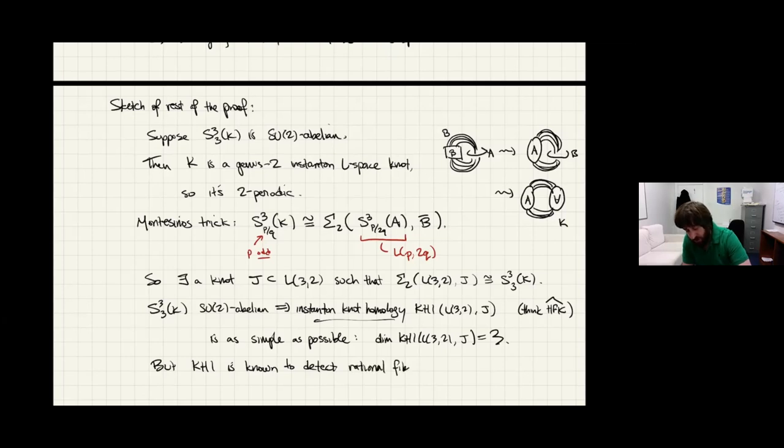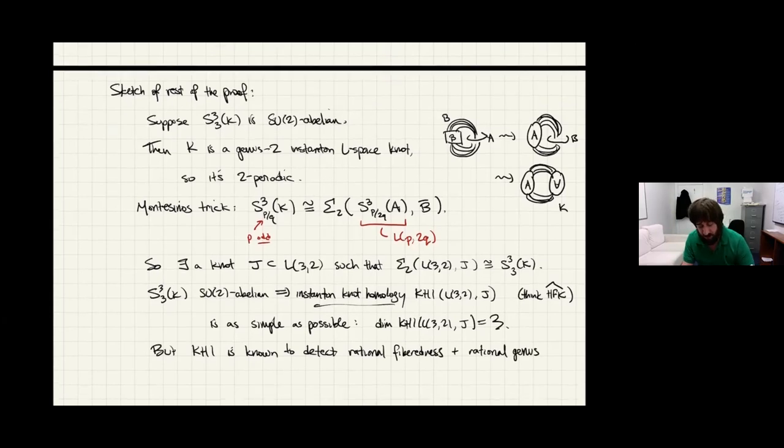In other words, whether the complement of a knot is a fibered manifold, and also the rational genus, which is, in other words, the genus of a fiber of that fibration. And so if you do a little bit of computation using known facts from Heegaard-Floer homology, it turns out that the complement has to be both rationally fibered and of rational genus 0. It has to be a solid torus.